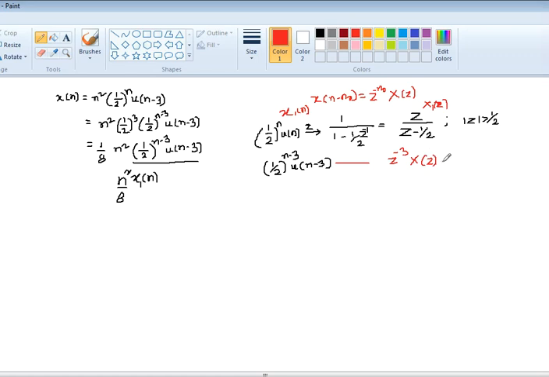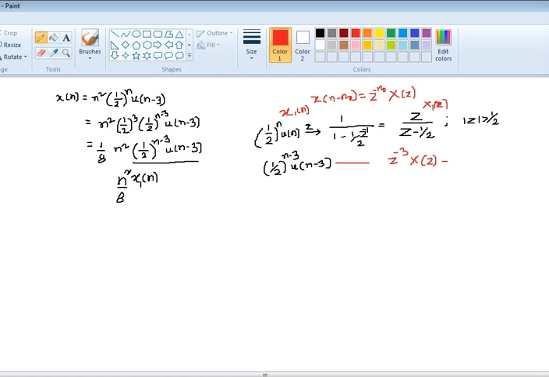We can write this as x1 of z, because we have taken all this as x1 of n.